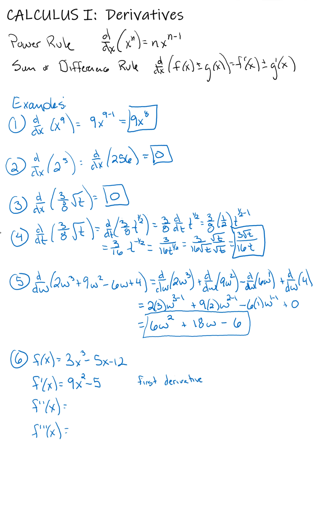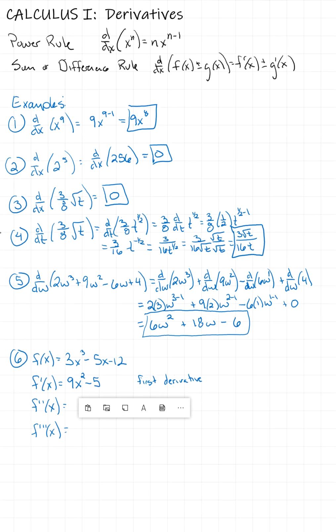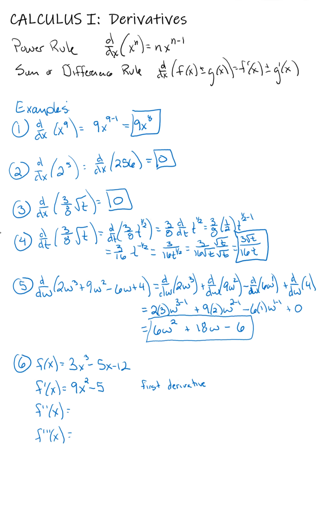But now let's take the derivative of that. So I want to take the derivative of the first derivative. Notice the notation for that. Here I have 2 little prime marks for the derivative. So what do I do?